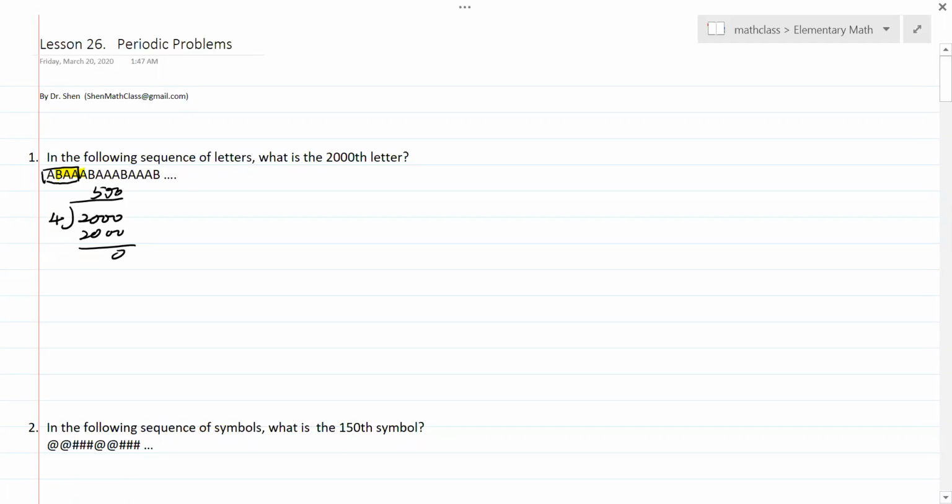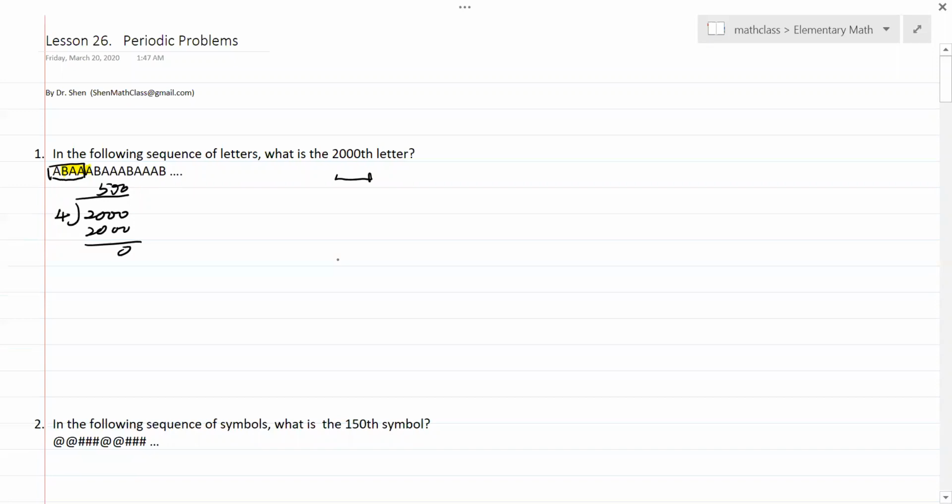That means 2000 is a multiple of 4. Therefore, you have 500 complete blocks of 4 letters, and the last one, A B A A, will be the 2000th letter. So the answer is A.